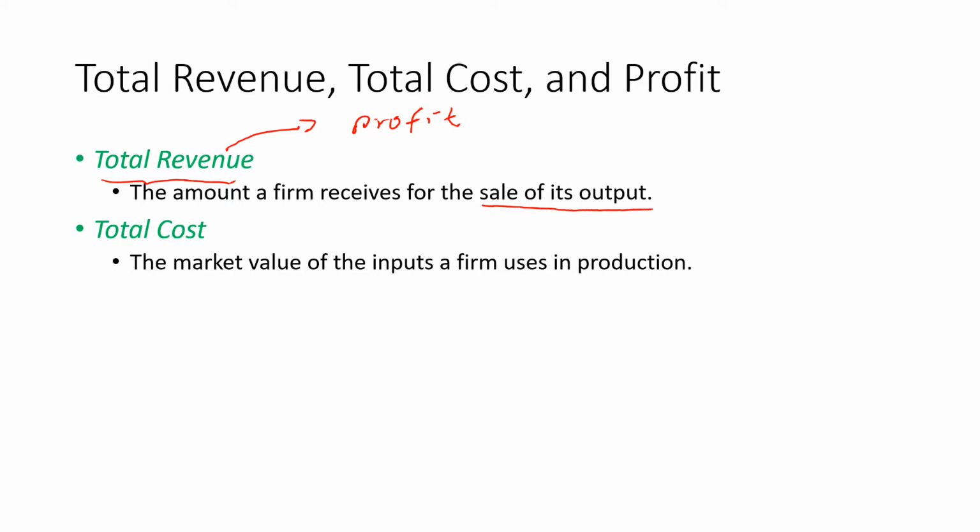Then we have the total cost, and the total cost is the market value of the inputs a firm uses in its production. What is the market value of inputs? Basically, there are a lot of inputs used. First and foremost, that is the raw material that is required for the production. And secondly, we have the input in the form of capital and labor. So the amount of capital that we are hiring and the amount of labor that we are utilizing for the production, we pay them something, because neither capital is free nor labor is free.